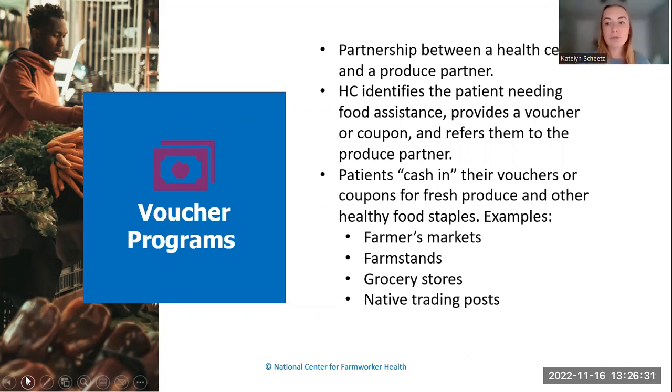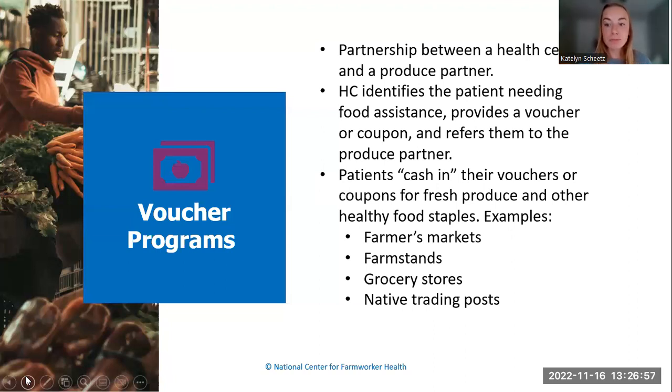So it can really vary, but the base of the program is usually going to be one or two organizations. You can add additional organizations for funding or for education, but right now we're going to look at that key partnership between the produce partner and the health center.